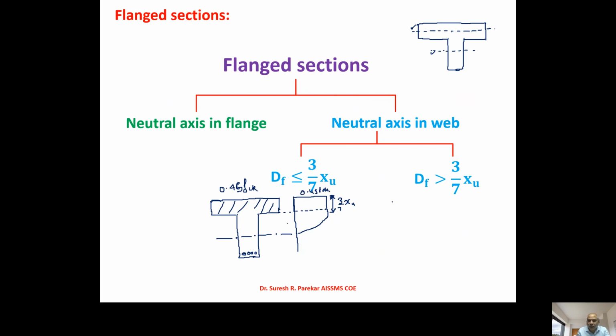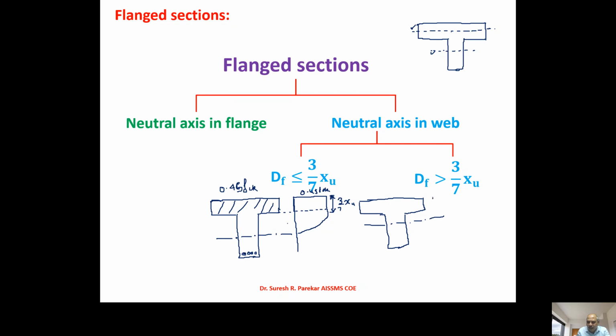Now in the second case, what happens? If I draw the second case, we have this as flange and we have the web. Now we have the neutral axis somewhere here.